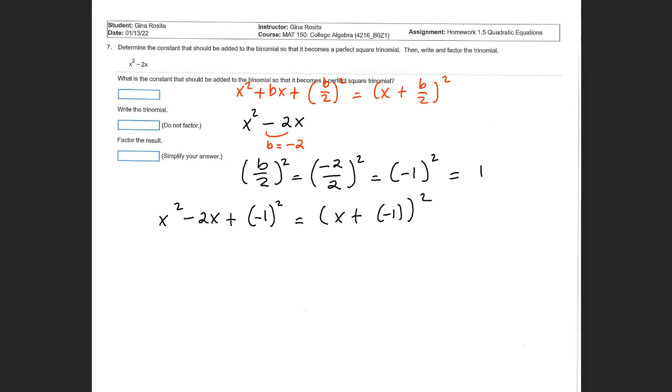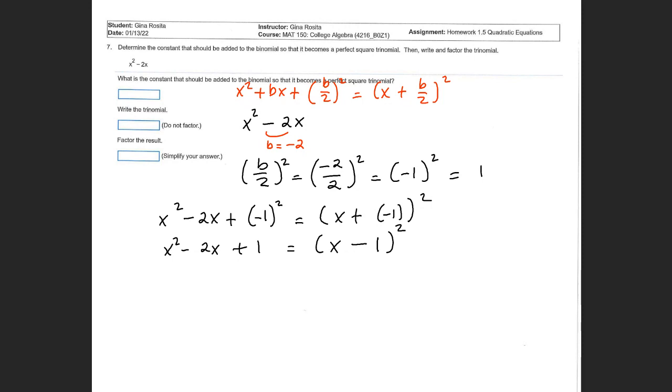So now, what is the answer? Just x squared minus 2x, negative 1 times negative 1 is plus 1, equal x, positive times negative is negative, negative 1 squared. So we can solve now over here.